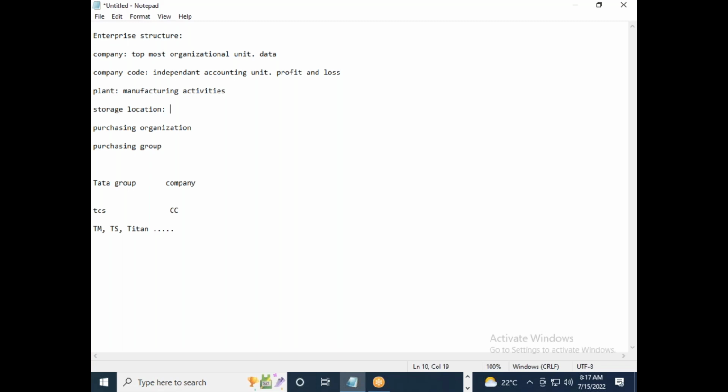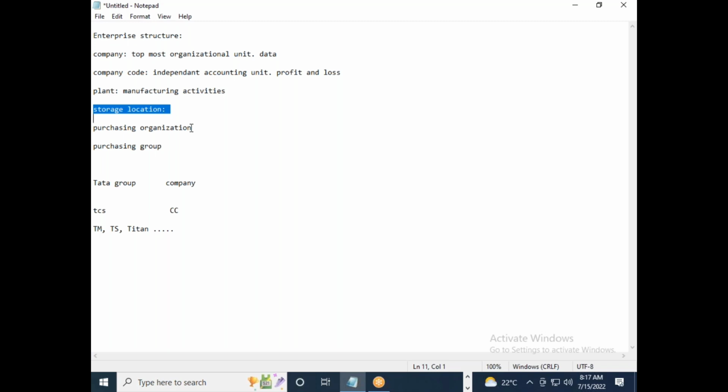All the products and all the materials are going to be stored in this storage location area. So the plant is a place where the manufacturing activities are taken care of. A storage location is a place where we store all the products and the materials.